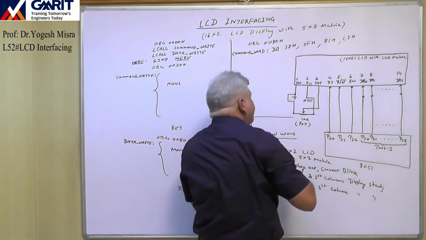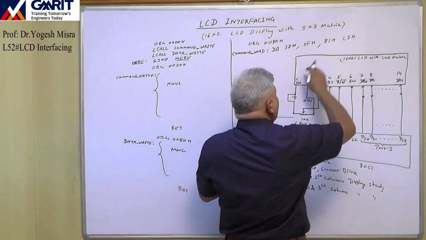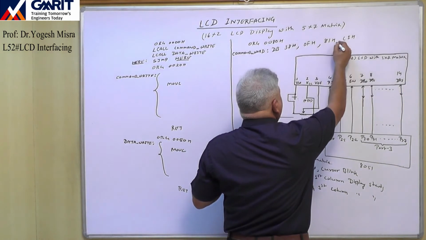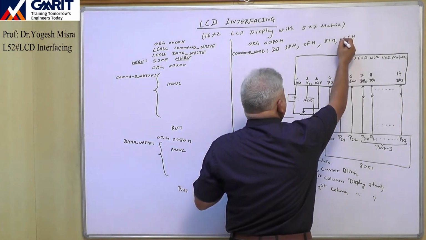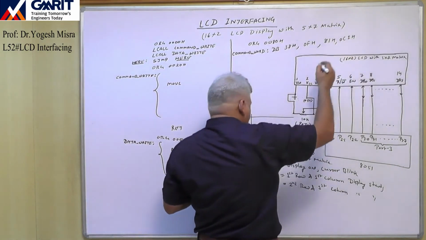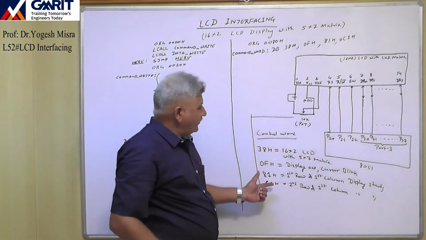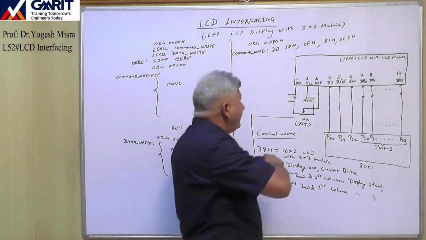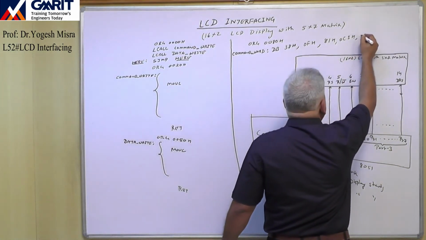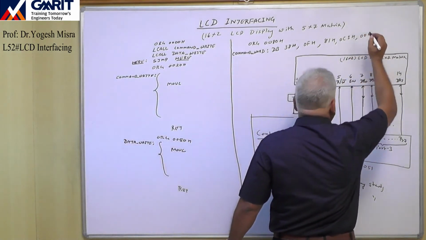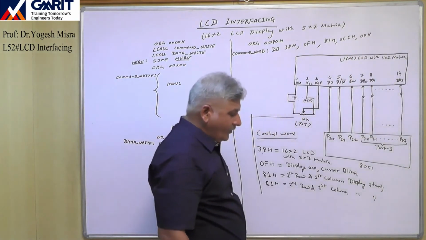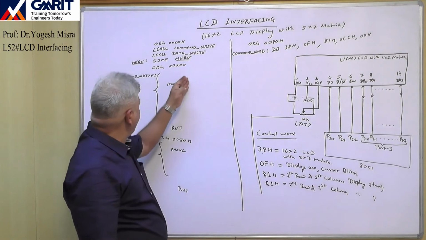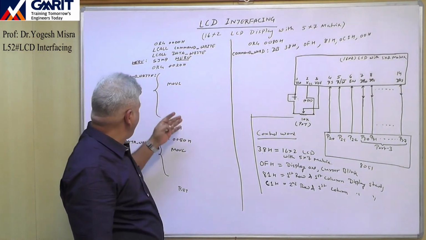Now since in the case of the last command word it starts with C, that's why we have to write 0 before this C. And once all the commands we have written, in the last I will write 00H. What is the significance of this 00H? That we will see when we write the instructions for command writing and data writing.